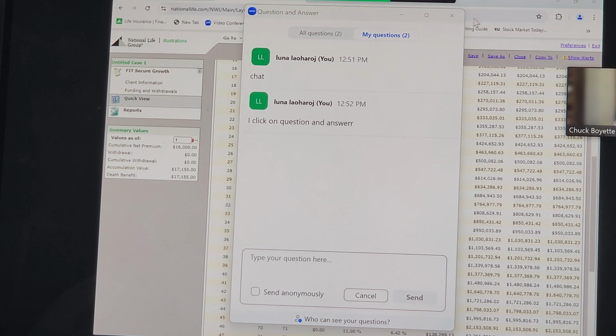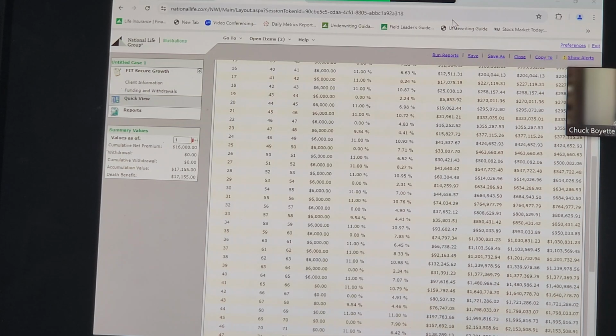If they have a market value adjustment option, it will pay a higher rate. If they contribute $100,000 or more, it also pays a higher rate. It's great for conservative clients who want to make sure they have interest crediting every single year, and the multi-year guaranteed annuity does that because it pays a guaranteed fixed interest rate.